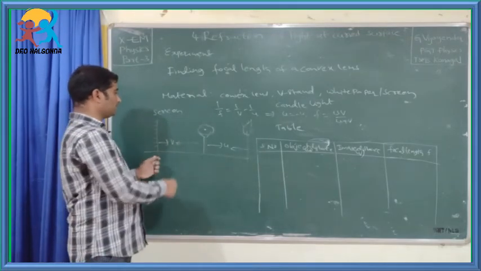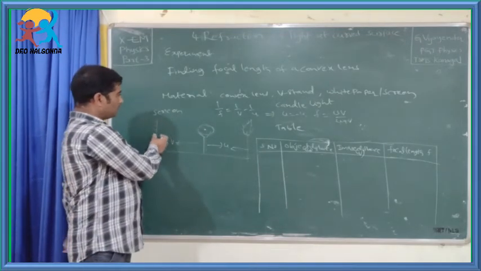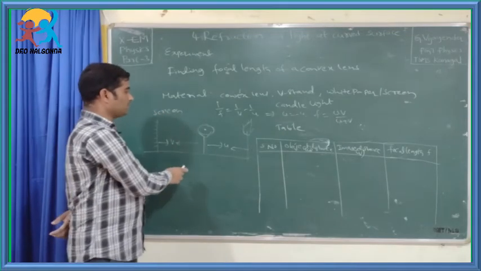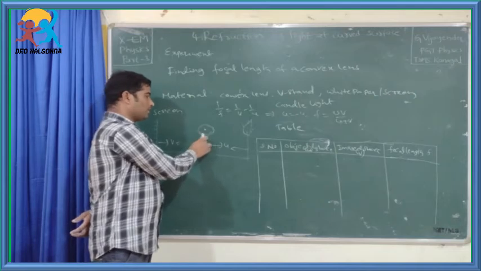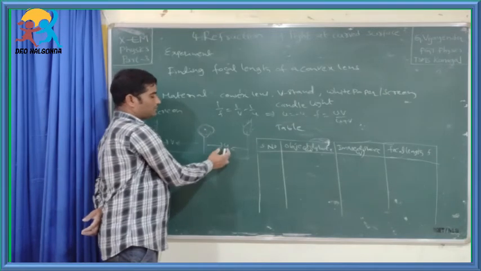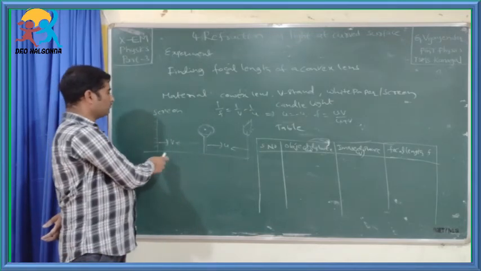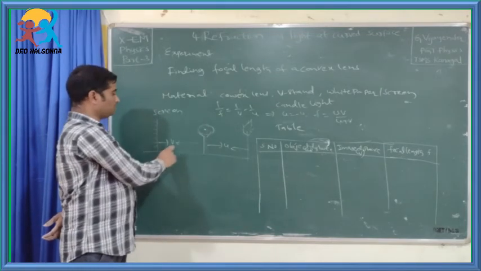That sharp image appears on the screen. You can see that it is a real and inverted image. Measure the distance between the lens and the object, that gives the object distance u, and the distance from the image to the lens gives the image distance v.